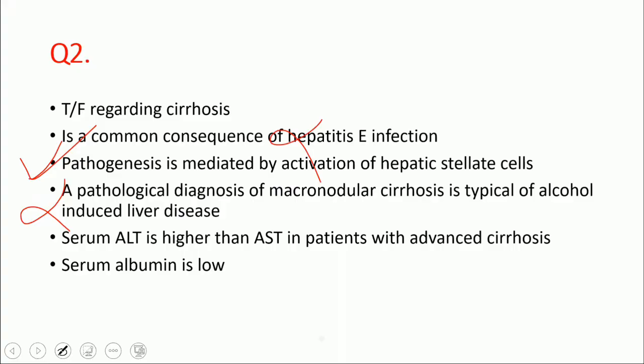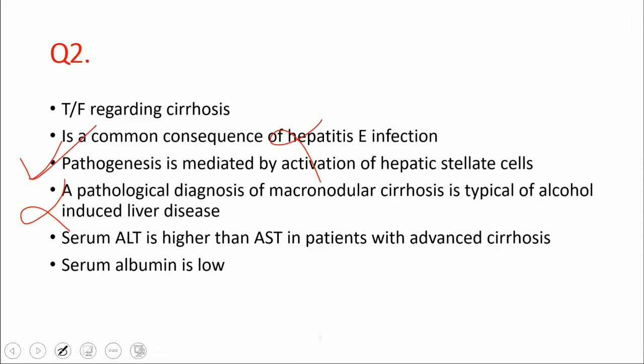Now, looking at the diagnosis of cirrhosis, right? Ideally, because cirrhosis is a histopathological definition, ideally you want to do a biopsy, right? And have a look at the features on the biopsy. But this is not always possible. So again, when we did our long case, I told you that we use adjunctive or supporting investigations to make the cirrhosis diagnosis.